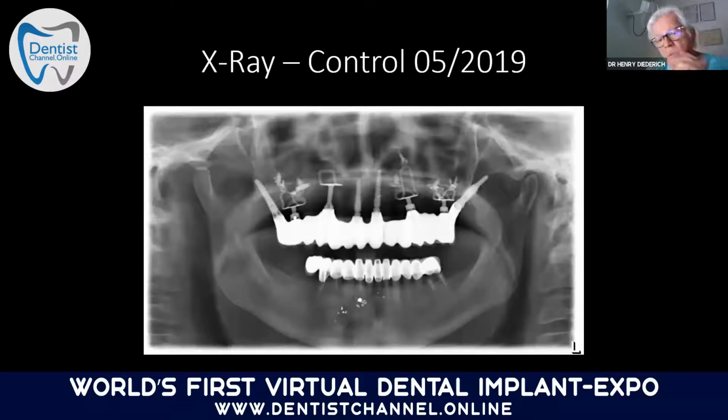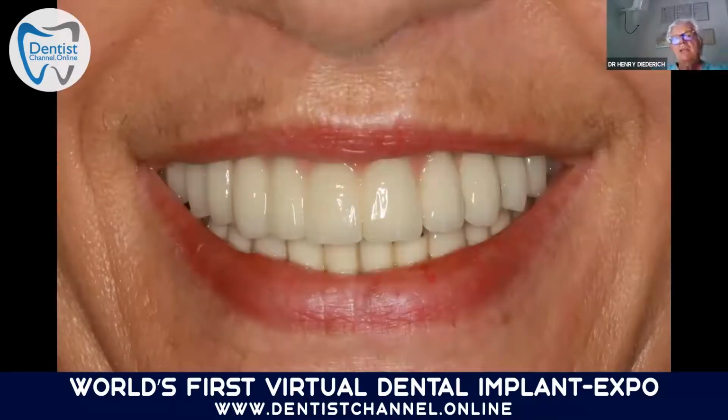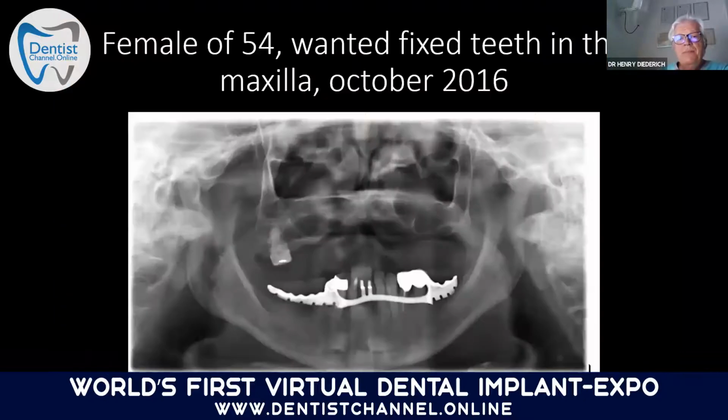So what is amazing about this case, and in general all these cases, is that it is done in one-shot surgery, and the cases in general are finished after 10 days. It depends on whether we are doing a temporary bridge or not, but in general, mostly I finish immediately with metal ceramic bridges. And then here, the smile of our patient, and our patient was happy, and that was the result.